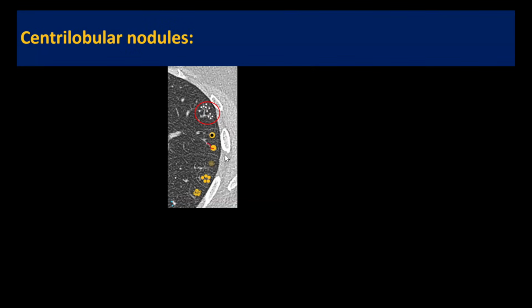Lastly, the third group of lung nodules are the centrilobular lung nodules, which we know can present as centrilobular nodules with tree and bud distribution or simply centrilobular nodules.